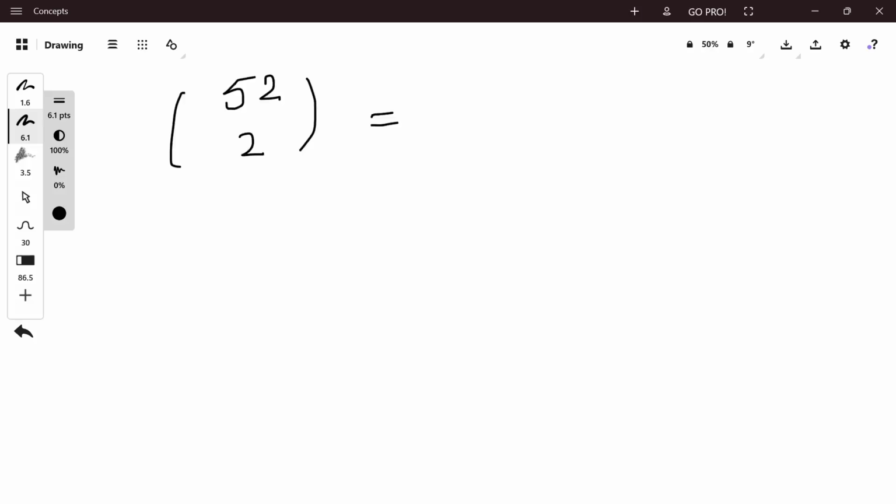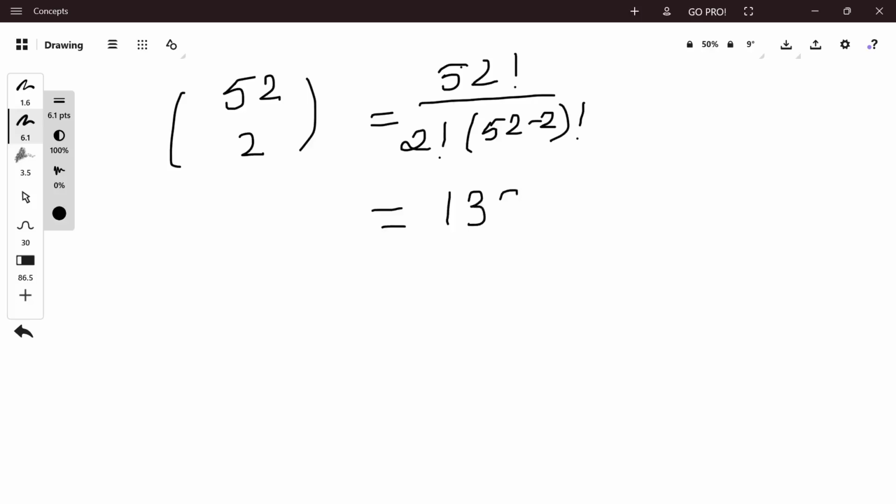That is equal to 52 factorial upon 2 factorial into (52 minus 2) factorial, which is equal to 1326.